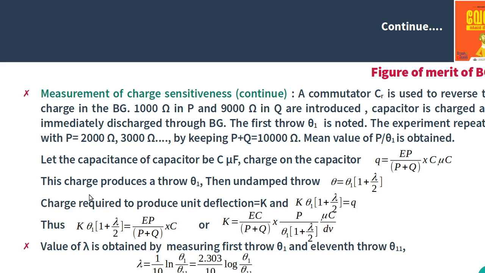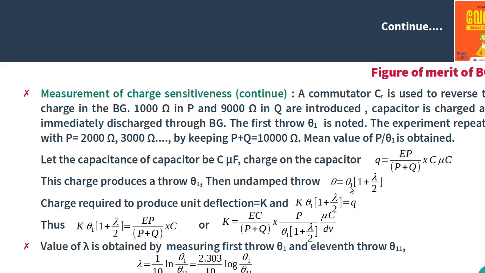I think you are getting what I am telling you. I want to relate this K to what we are getting through the experiment, and we have to get the value of K. What is K? K is the charge that produces unit deflection. K theta gives the charge that produces the deflection theta.